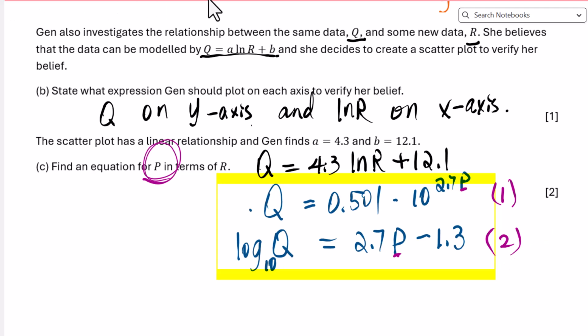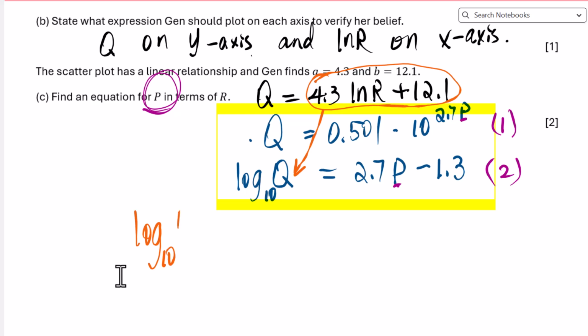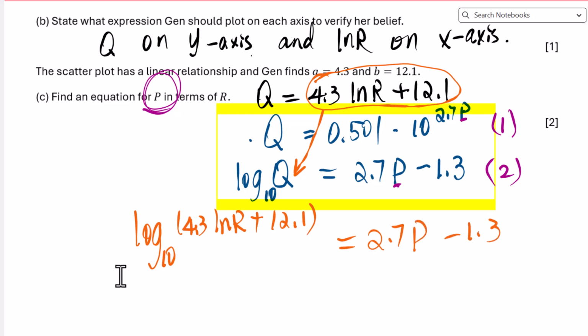Let's do the substitution. Q equals this. So we substitute 4.3 natural log of R plus 12.1 for this Q. We got common log of 4.3 natural log of R plus 12.1 equals 2.7P minus 1.3.